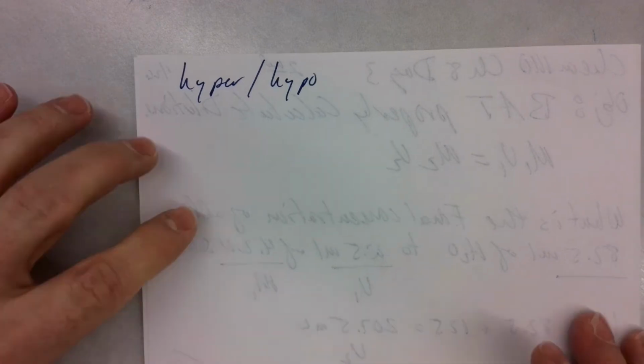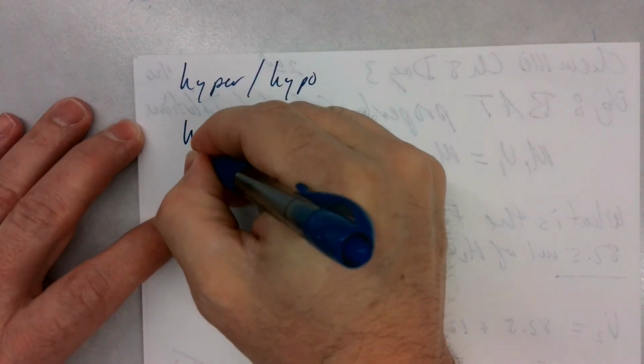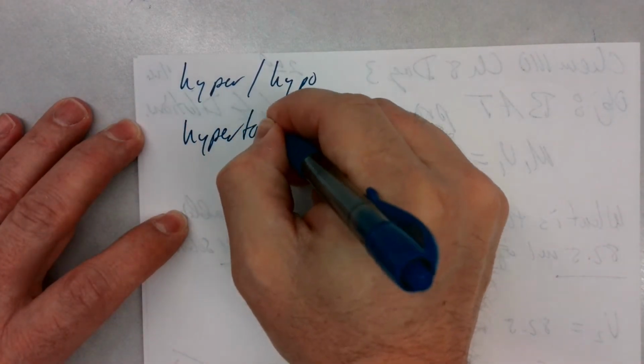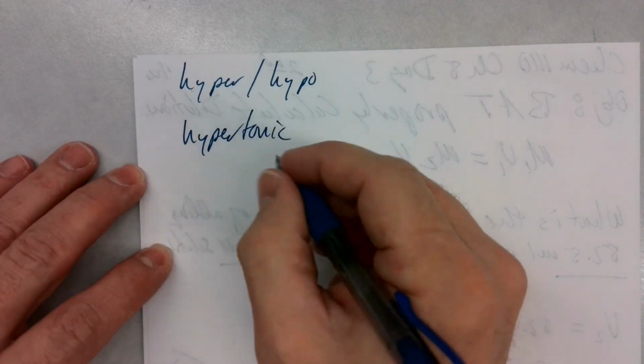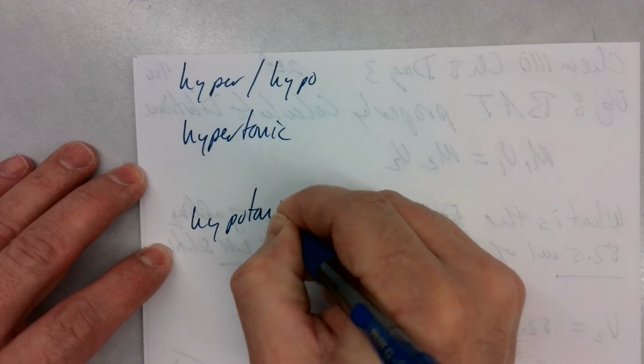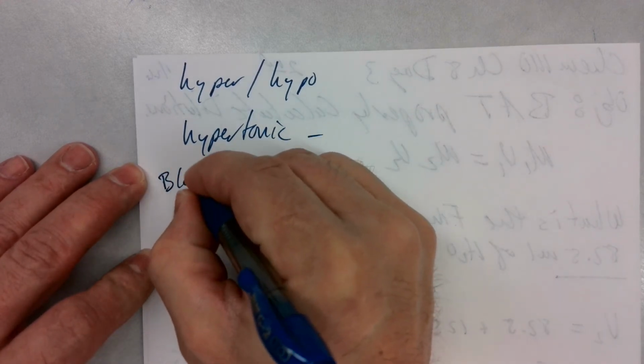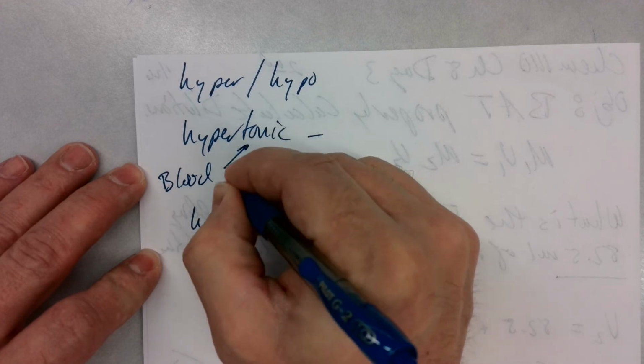So what happens is it's going to be something like this. I've got hypertonic, and I've got hypotonic. These are both solutions. And I'm going to put blood in each of these.